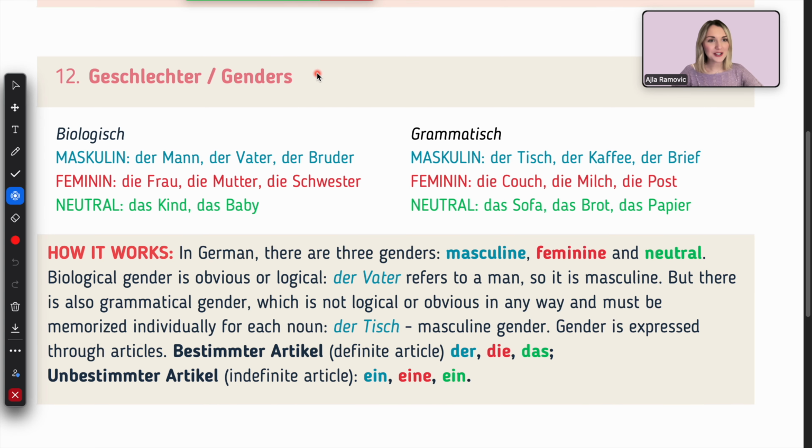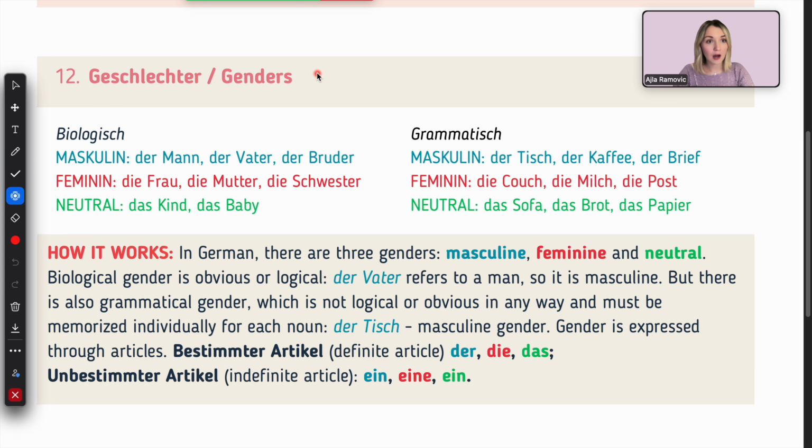In the introduction, we already covered what nouns are. Just to quickly recap, nouns are words that we are using for persons, objects, ideas, and so on. When talking about German nouns, we are automatically speaking about genders as well, because every German noun has a gender.